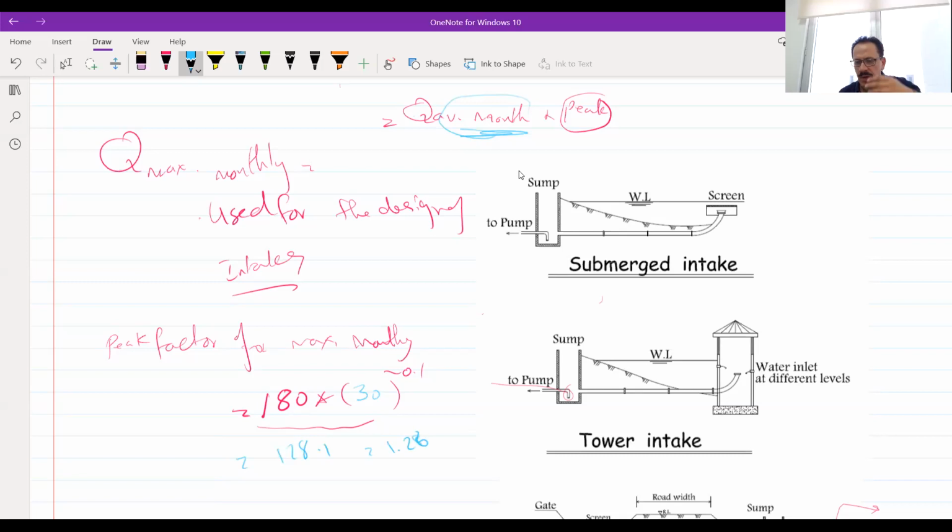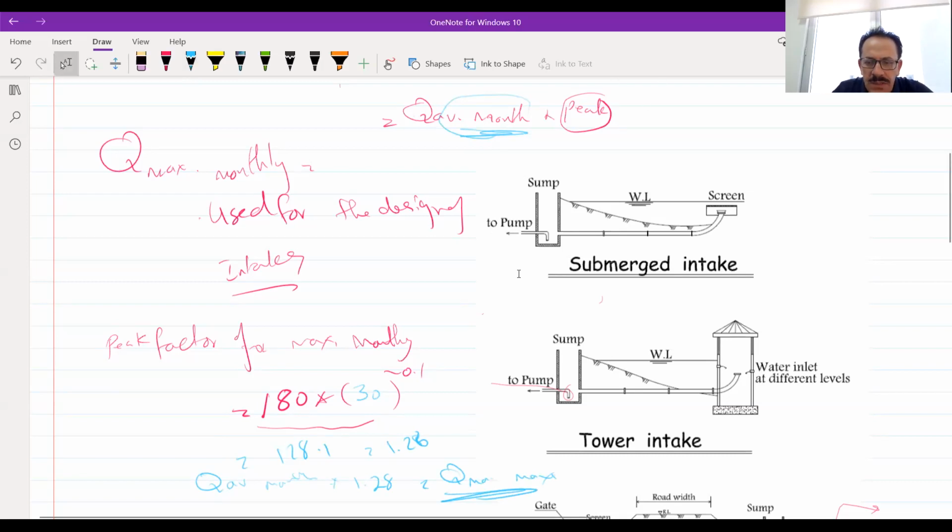So I have to find the Q average monthly, and then multiply this Q average monthly by 1.28 to get Q maximum monthly. Then this one will be used in our calculation.